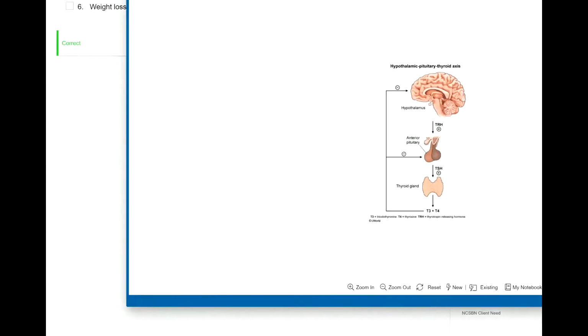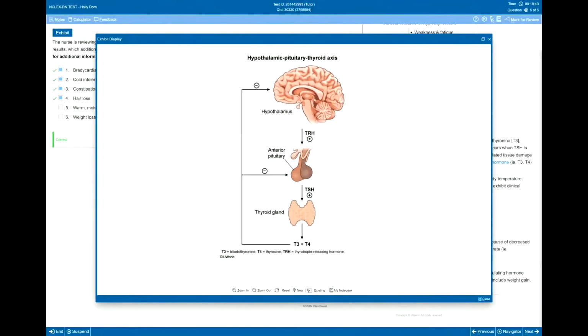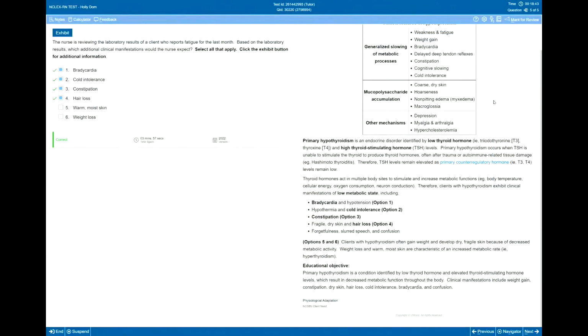So if you look at this image here, this is kind of a complicated way to explain it, but essentially it's going to try to encourage production here. And when there is a miscommunication or for whatever reason an ineffective transmission, we're just not going to end up with actual production of the hormone.